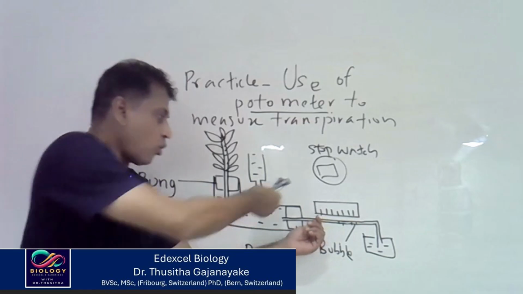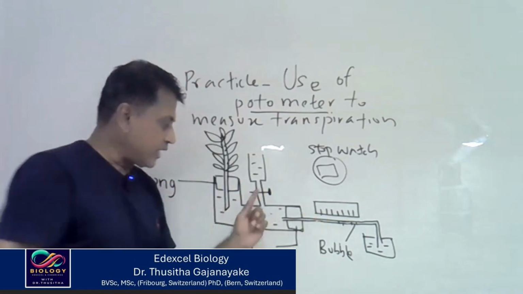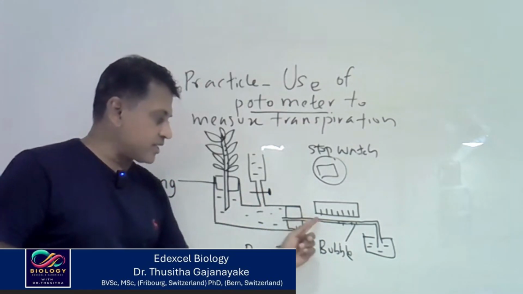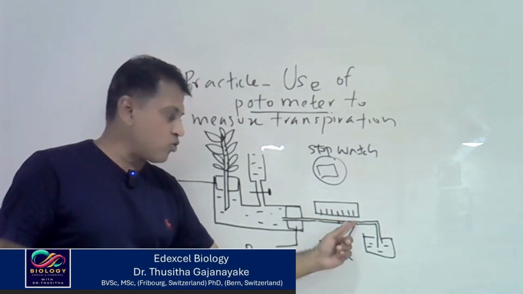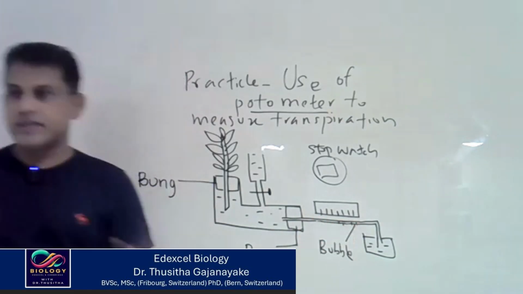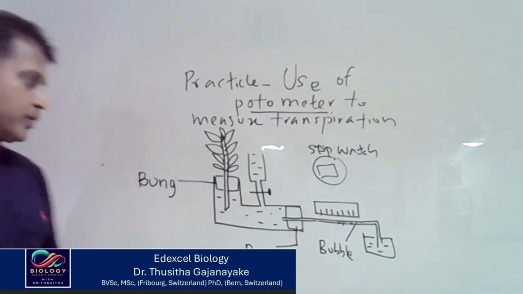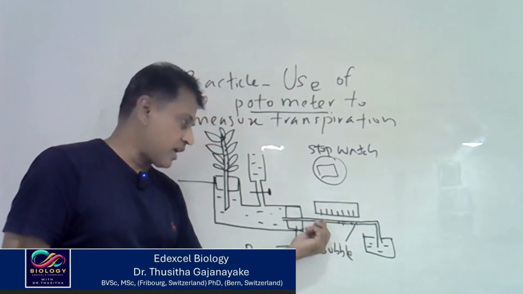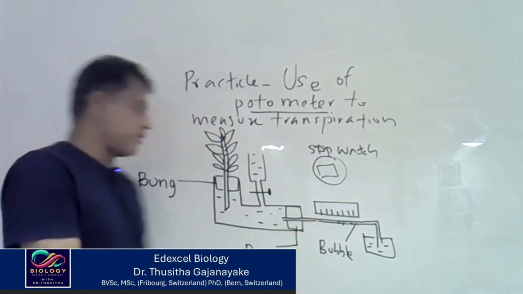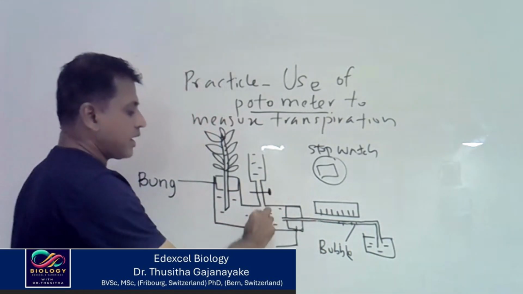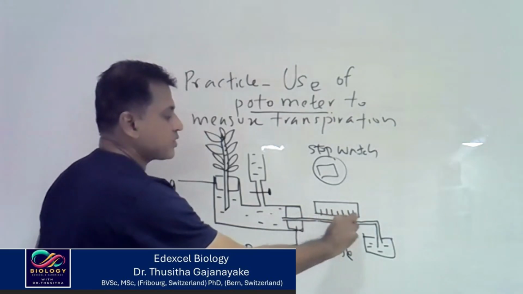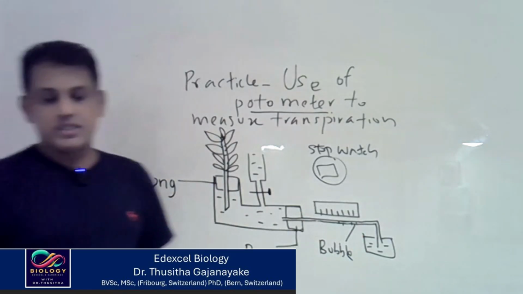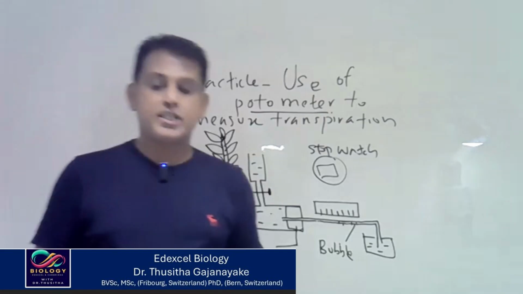Then I open this tap. When I open the tap, water goes in this direction and the bubble moves back to this place. So I can repeat the experiment. Again the bubble moves in this direction. Once it comes to here, I slowly open the tap and the bubble goes back to the same place, which is important for repeating the experiment.